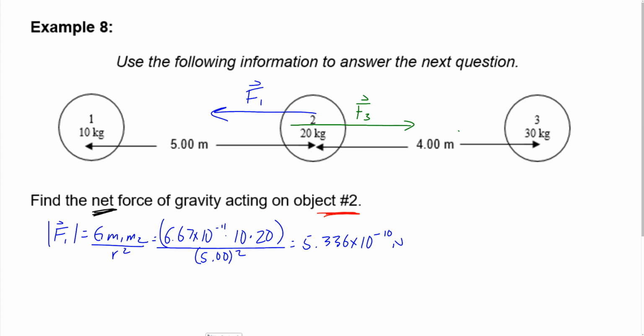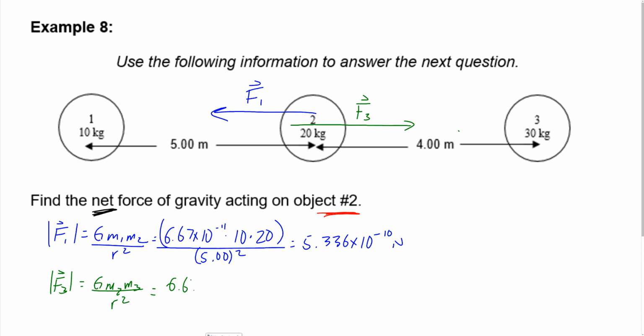Now let's find the force of 3 acting on number 2. Both of these forces: F1 causes number 2 to be pulled towards number 1, therefore to the left, and number 3 causes number 2 to be pulled towards number 3, to the right. So we're going to say F3 is G M2 M3, the force of gravity between 2 and 3, divided by R squared.